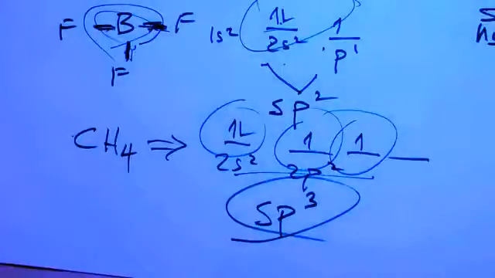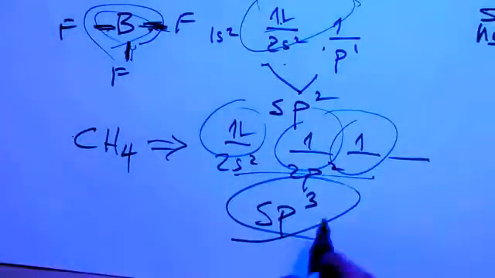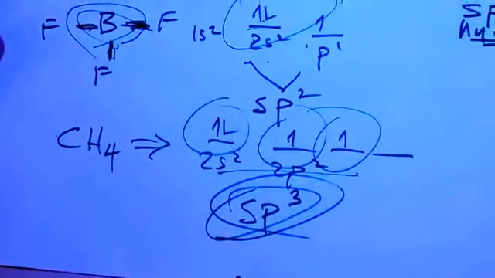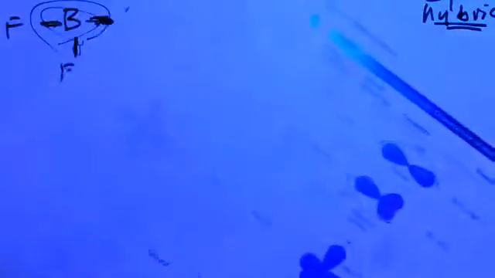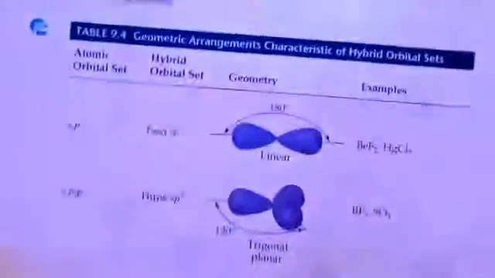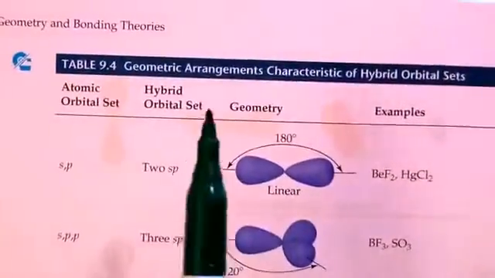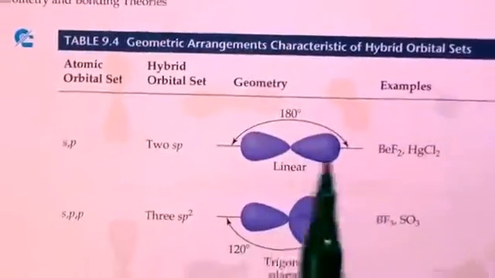Well, what happens if we have more than 4 bonds forming, like for instance in something with a trigonal bipyramidal or an octahedral electron domain geometry? Your book does a nice job of dealing with these as well. Okay, here's a summary chart of geometric arrangements characteristic of hybrid orbital sets.